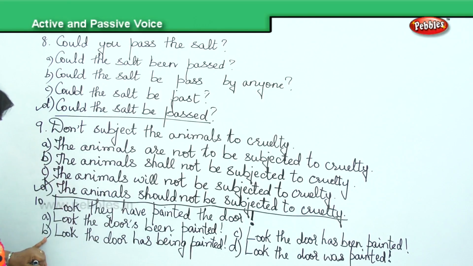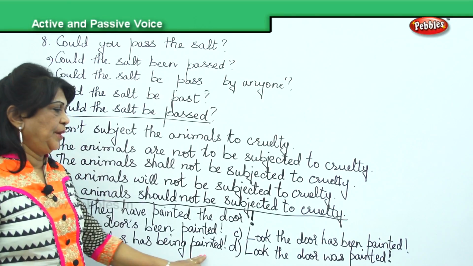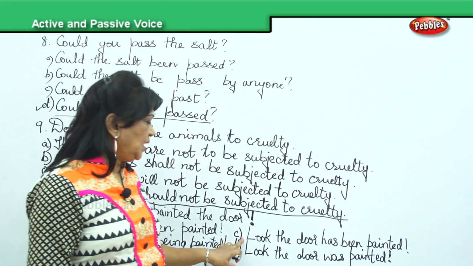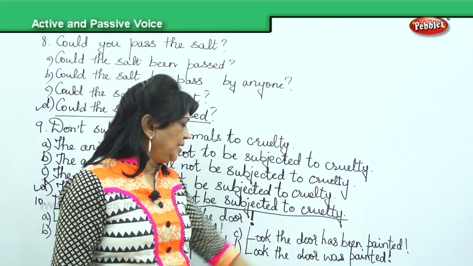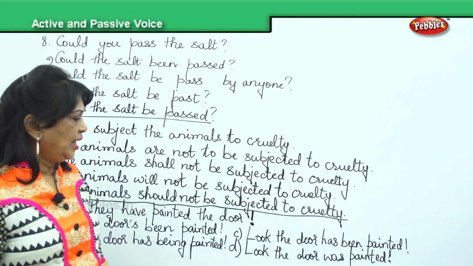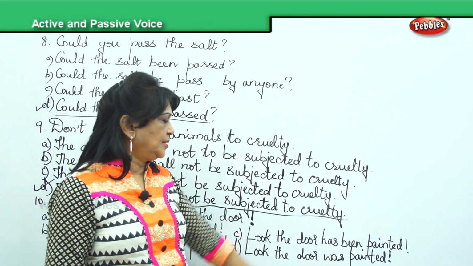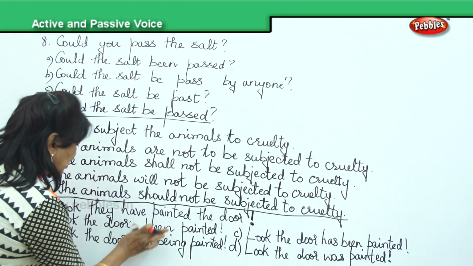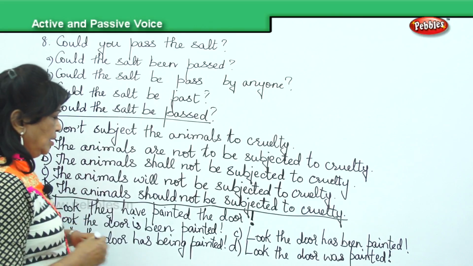Option B. Look, the door has been painted. Option C. Look, the door has been painted. And option D. Look, the door was painted. Here, this is been.